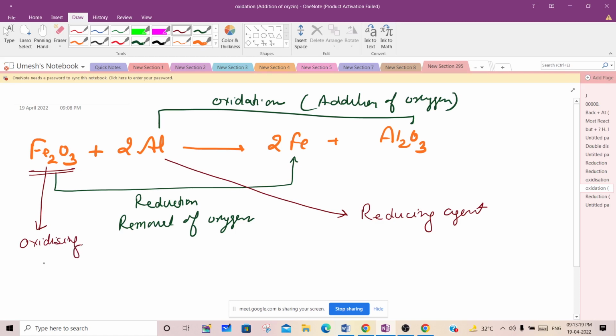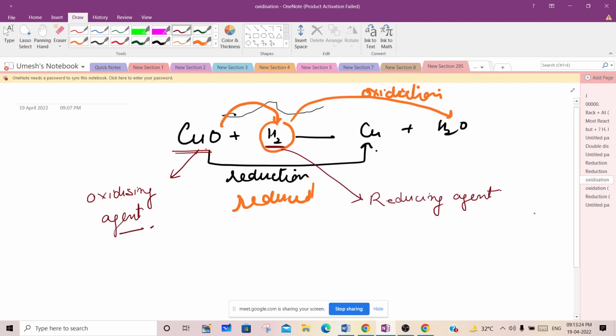Sir, could you go back to that copper oxide when I want to note it down? So can you explain how H2 is a reducing agent? It is taking out the oxygen. Hydrogen is responsible for the reduction of copper oxide. It is snatching the oxygen from the copper oxide and reducing it.